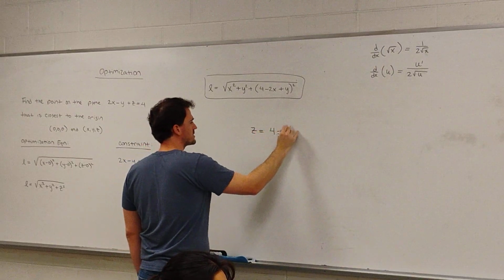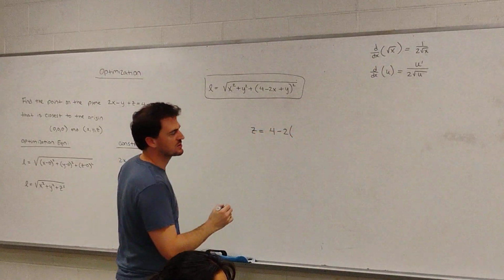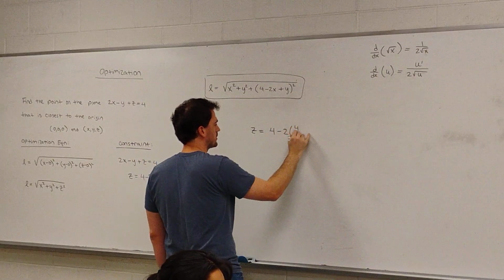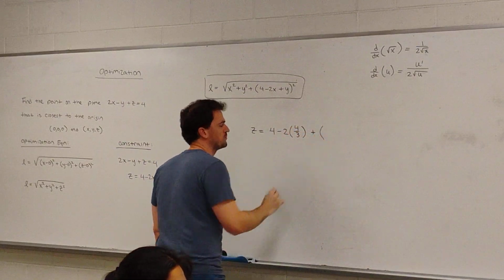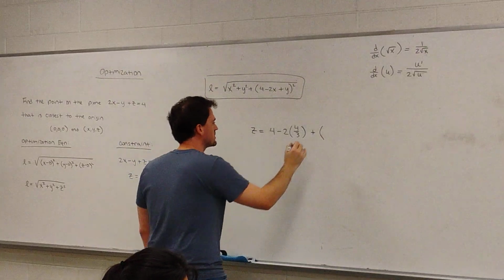So 4 minus 2 times x, which is 4/3, plus y, which is negative 2/3.